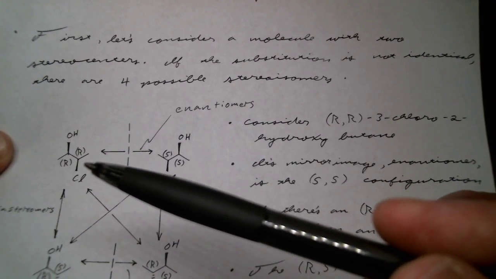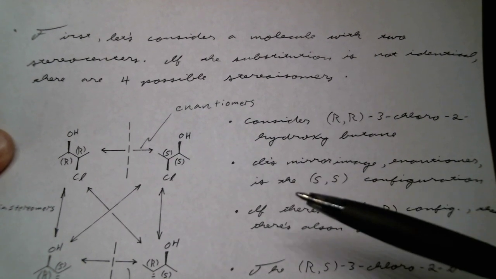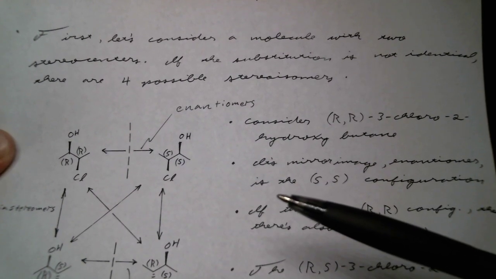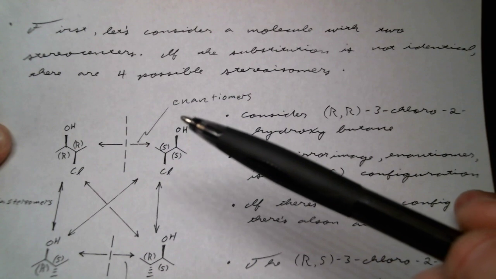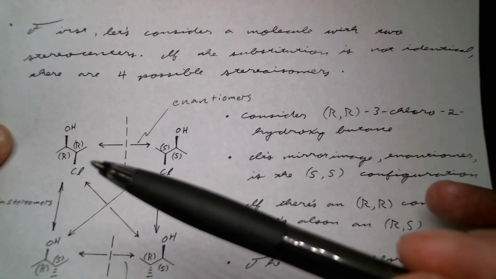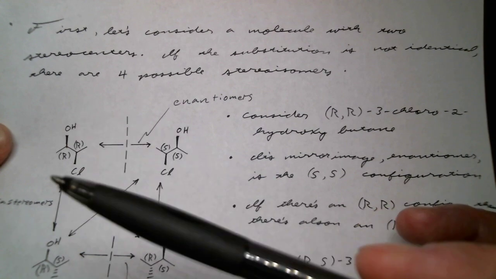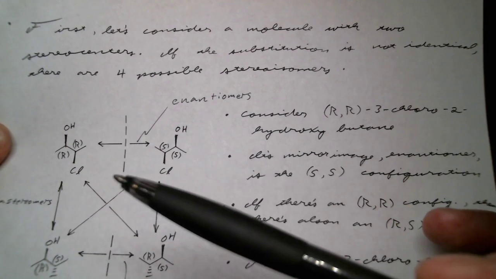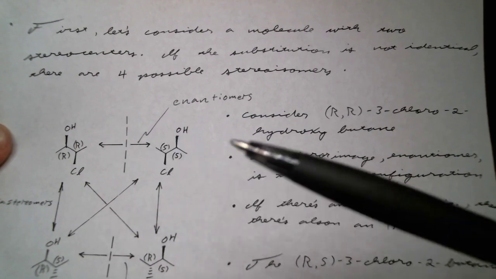If there's an RR stereoisomer, its mirror image, or enantiomer, which is non-superimposable, so not identical, is the SS configuration, so this molecule. And you can see how it really does look like a mirror image of the RR configuration. It looks like it's looking at itself in the mirror. So we know these are related as enantiomers.